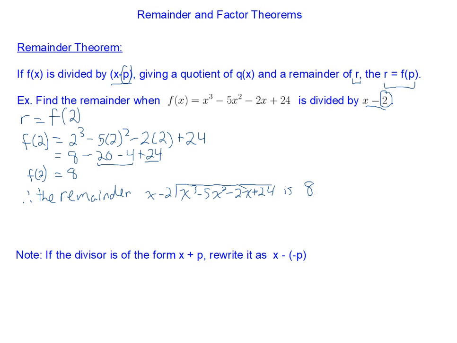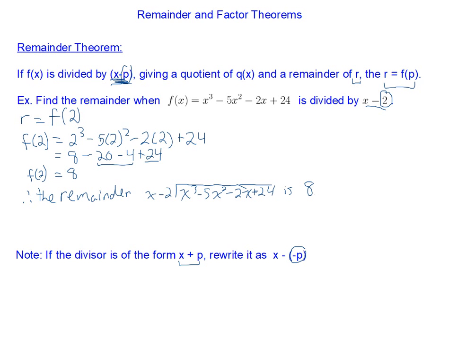I mean, it didn't take us very long to figure out what the remainder was without having to do the division. Now one thing I want to note here is that if the divisor is written as x plus p, remember the remainder theorem said that the divisor had to be x minus p. If the divisor is x plus p, let's split that plus sign into a minus sign and a negative sign, and then we can substitute negative p in there.